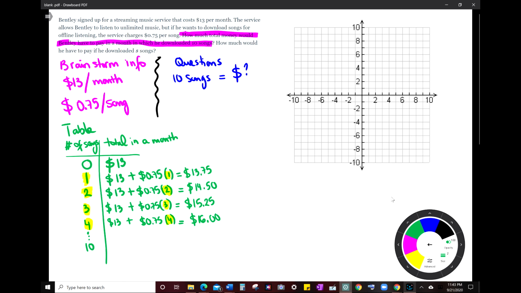So if I jump to 10, I have 13 plus 75 times 10, which gives me $20.50.